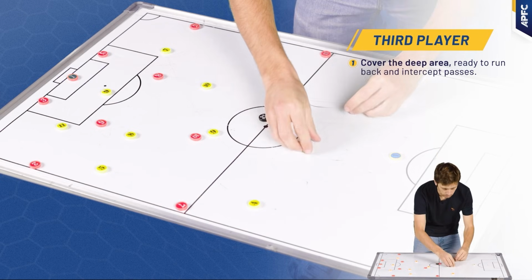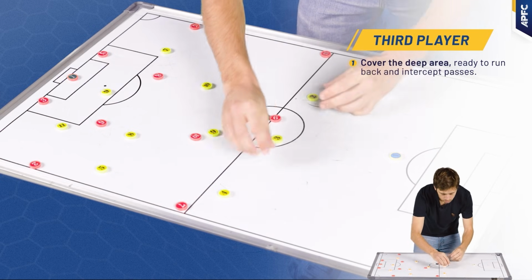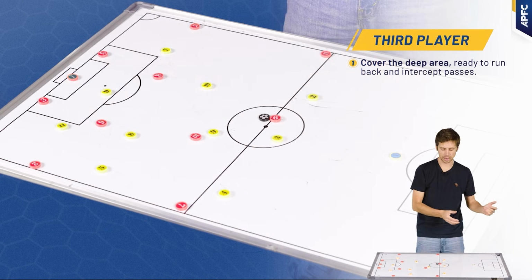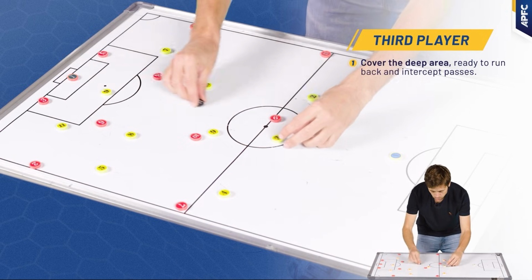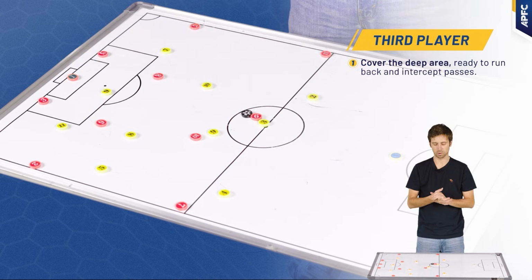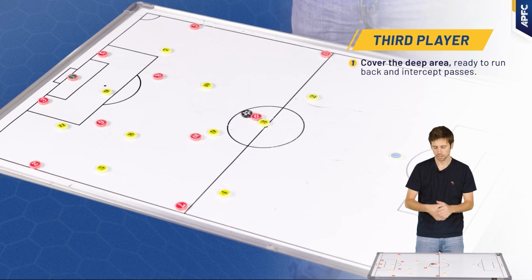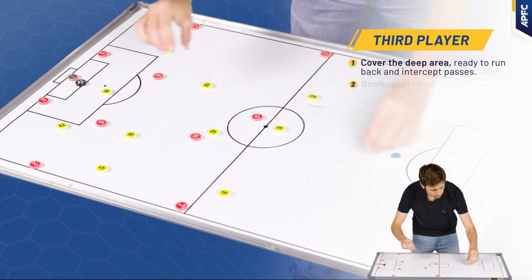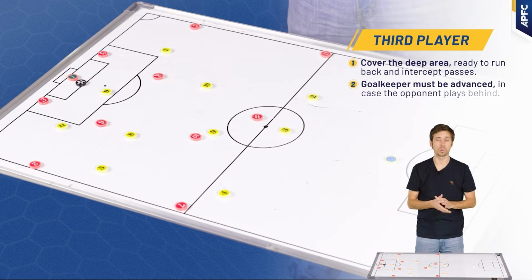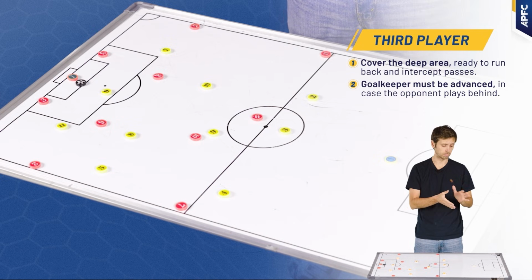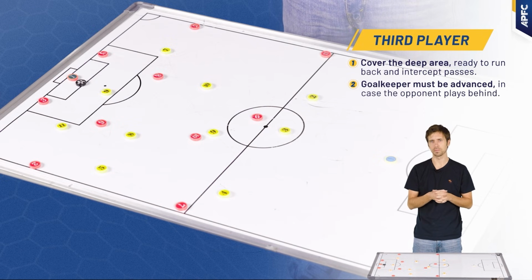So we have to be at a good distance that allows us to run back and at the same time allows us to push forward in case one of their strikers comes to receive a ball. It is also very important that our goalkeeper is ready for these kinds of balls. So he should be brave and have a high position outside of the box so that he can be the first to arrive if the opponent tries to play long.